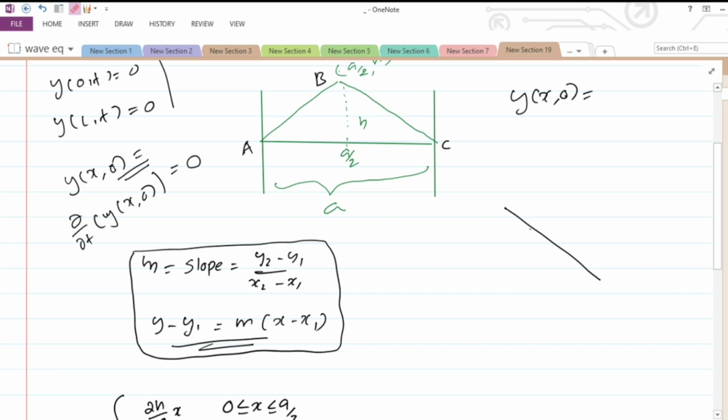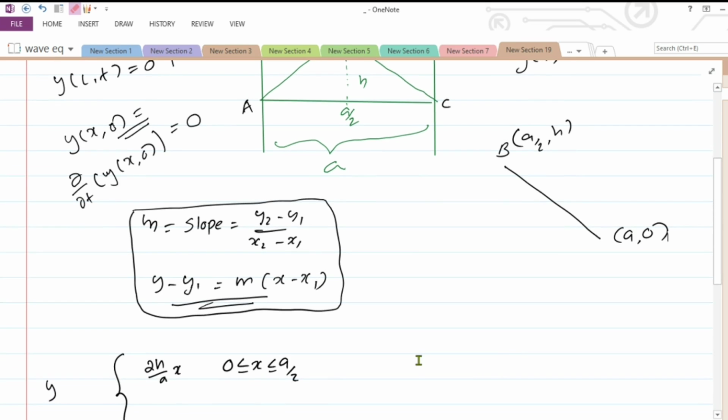B is a by 2 comma h, and C is x equal to a and y equal to 0. So these are x1, y1 and x2, y2.